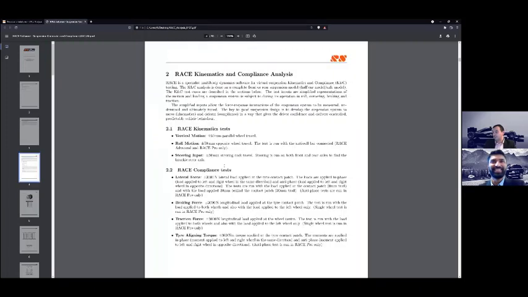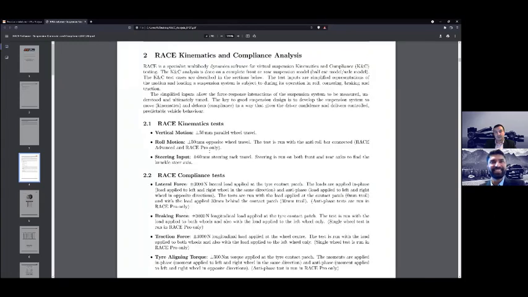And after that, these are the tests that we have performed on our server. As mentioned, in the standard level offering we didn't perform the roll motion. However, all the other tests have been performed, and this would be one-to-one with KNC rigs such as the MdynamiX one. So we have vertical motion, steering input, lateral force, braking force, traction force, tire aligning torque.